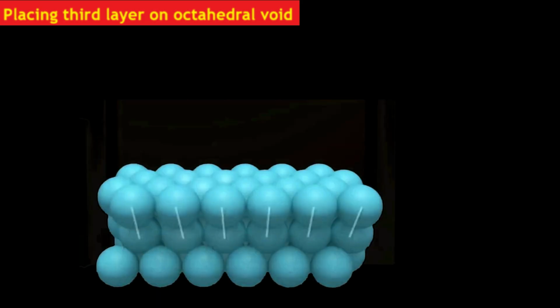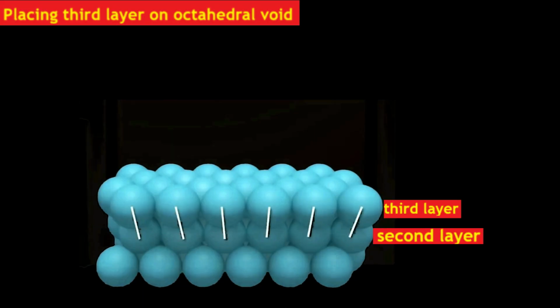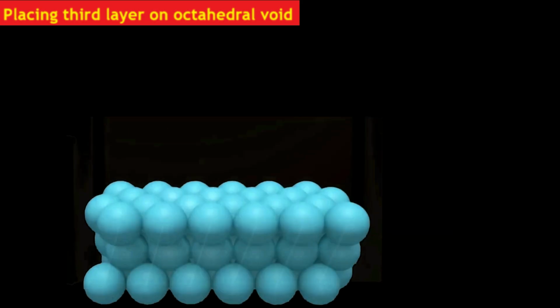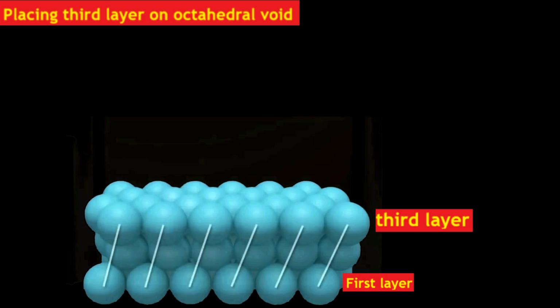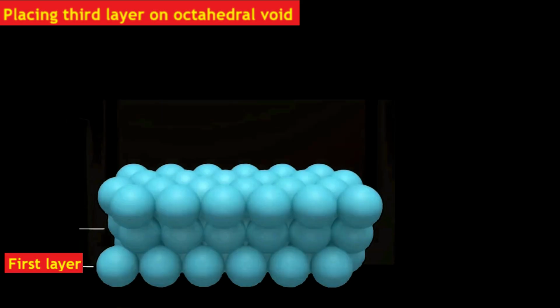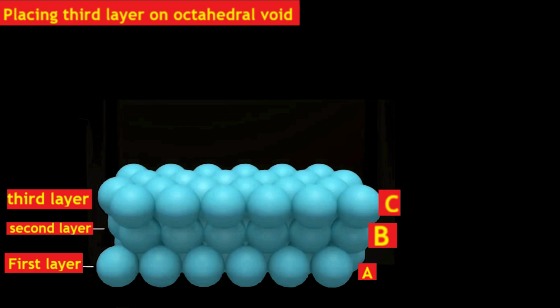In such placing, the spheres of the third layer do not align with the spheres of the second layer. Here the spheres of the third layer also do not align with the spheres of the first layer. Since the first layer is labeled as A layer and the second layer as B layer, the third layer is labeled as C layer, as its arrangement is not the same as A and B layer.